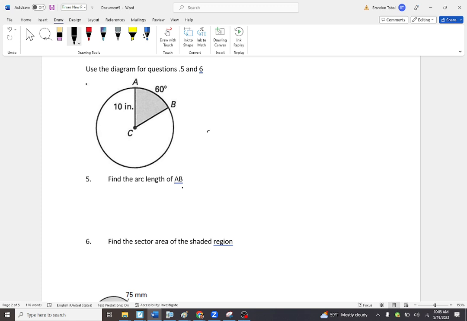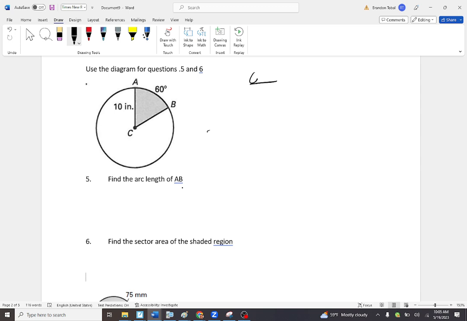So, this one, find the arc length of AB. To find arc length, it's going to be the measurement or the degrees of the shape, whatever it might be.